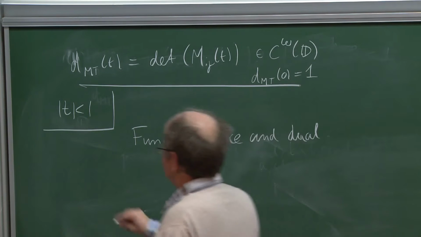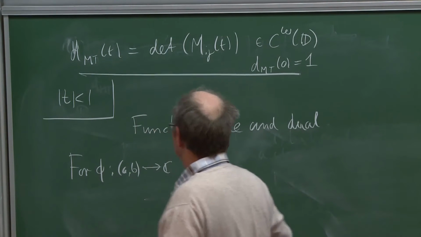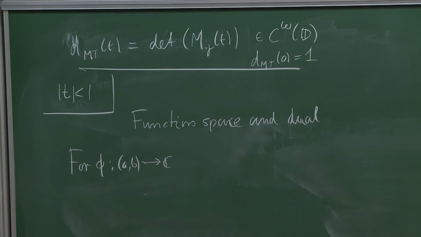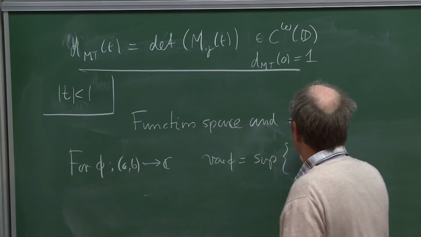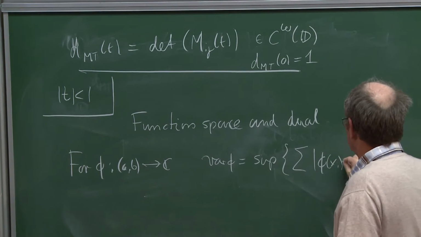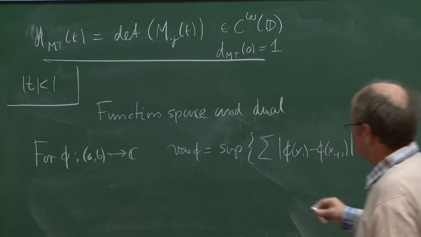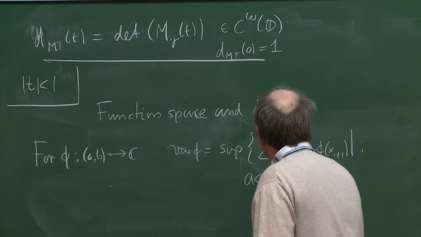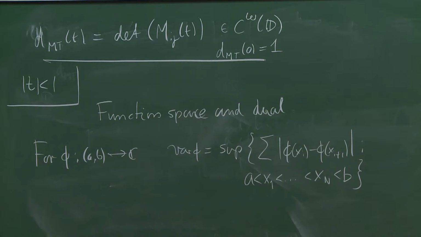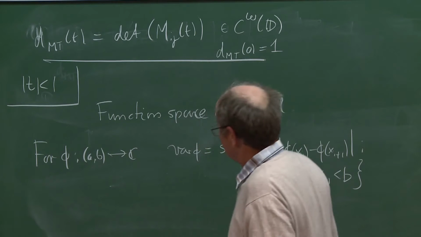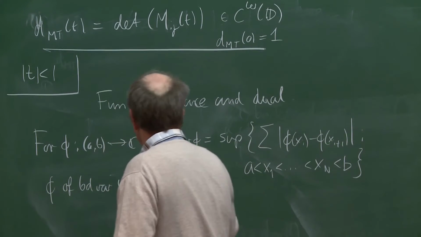So, if you look at phi, which is a function defined on the interval AB, then recall that the variation of phi would be the supremum of sums of phi of xi minus phi of xi plus 1, where the supremum must be taken over all possible choices of finite points between A and B. And you say that phi is of bounded variation if and only if this number is finite.